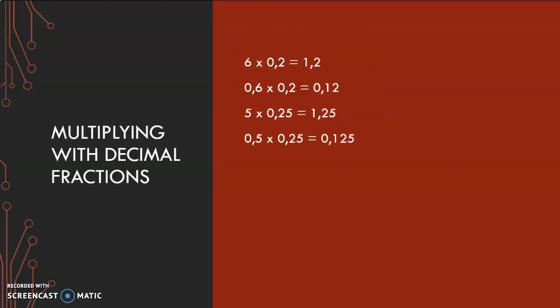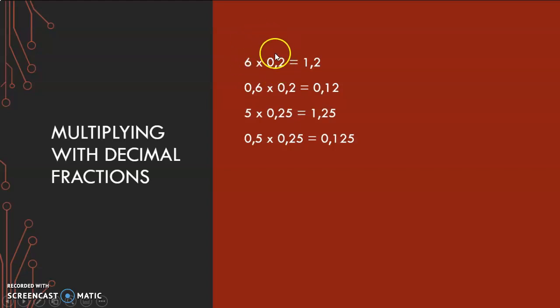Now, when we multiply with anything other than tens or multiples of, we need to look at how many digits we have after the comma. And our answer needs to have the same as the total number of digits. As you can see, 6 has no other digit after the comma, but it's multiplied with comma 2, which has 1 digit.